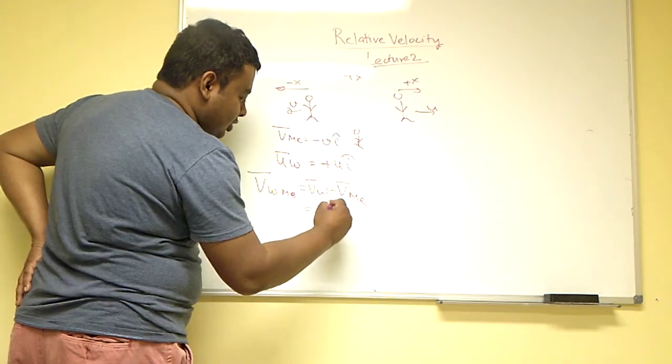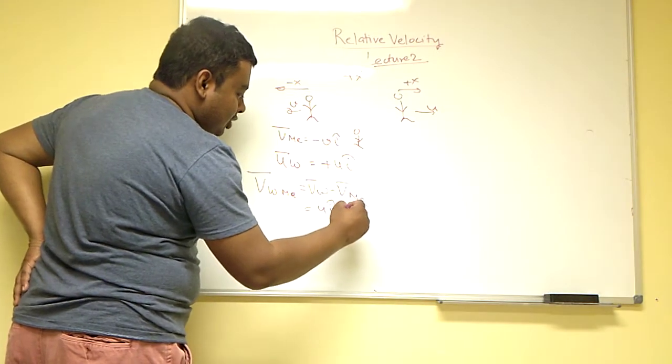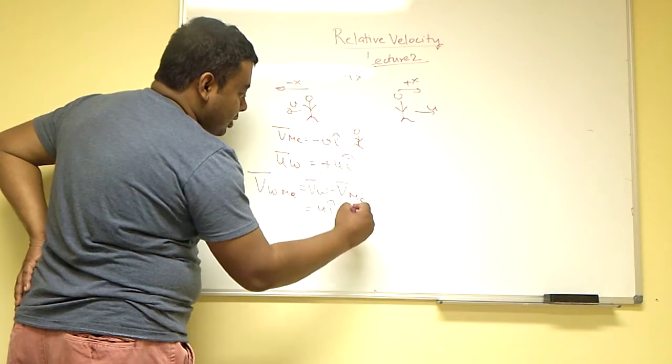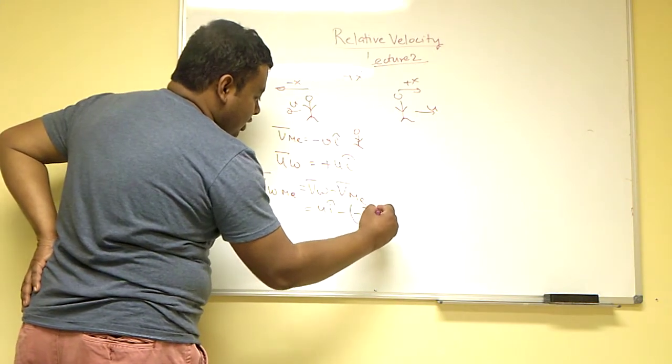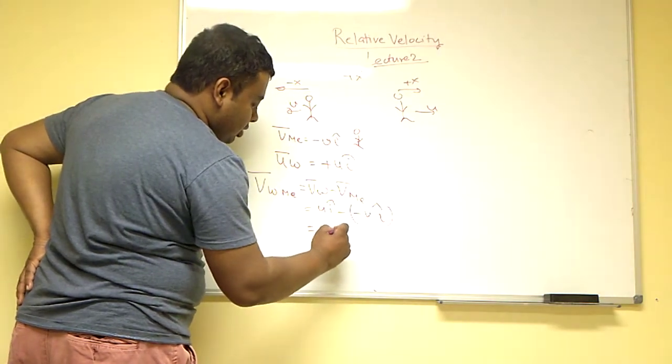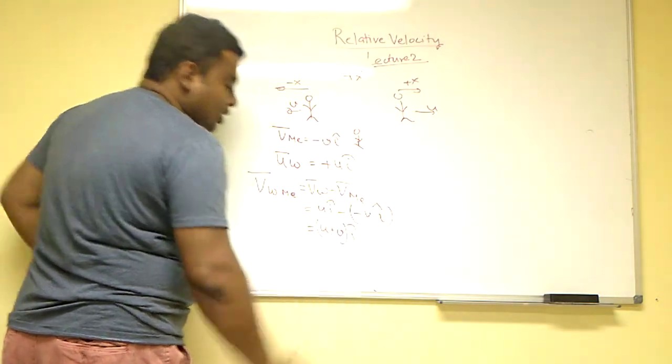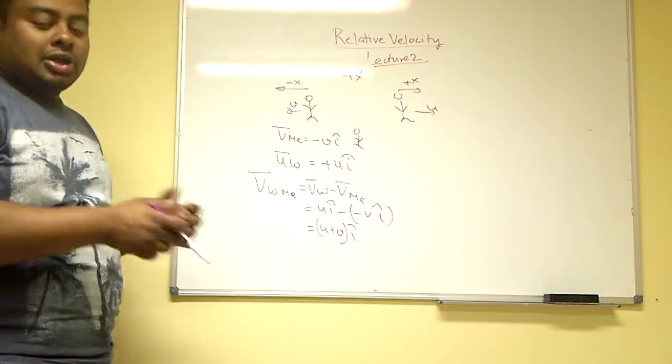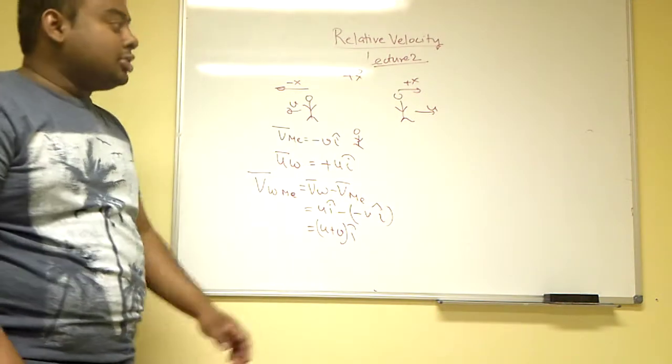Velocity of wife is u i cap, velocity of me is minus v i cap. So that turns out to be (u plus v) i cap. So you can see that the velocities still add when you are moving in opposite directions.